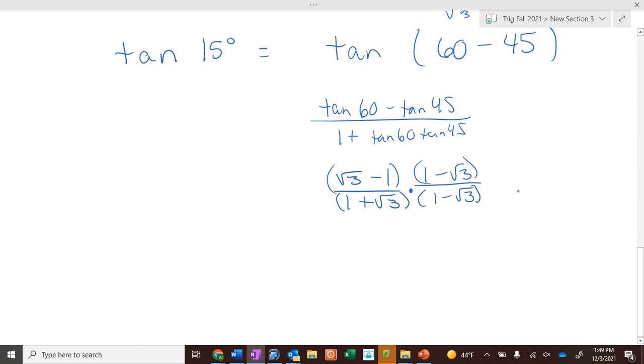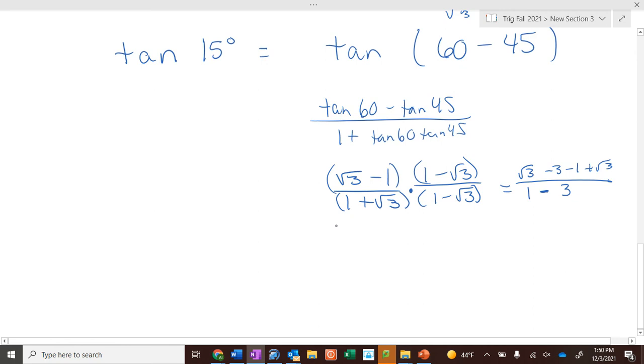So if we multiply by the conjugate of the denominator, we FOIL the numerator. So it's the square root of 3. Outers is minus 3. Inners is minus 1. Last times last is plus square root of 3. Denominator, 1 times 1 is 1. Outers and inners are going to cancel. And square root of 3 times negative square root of 3 is negative 3.